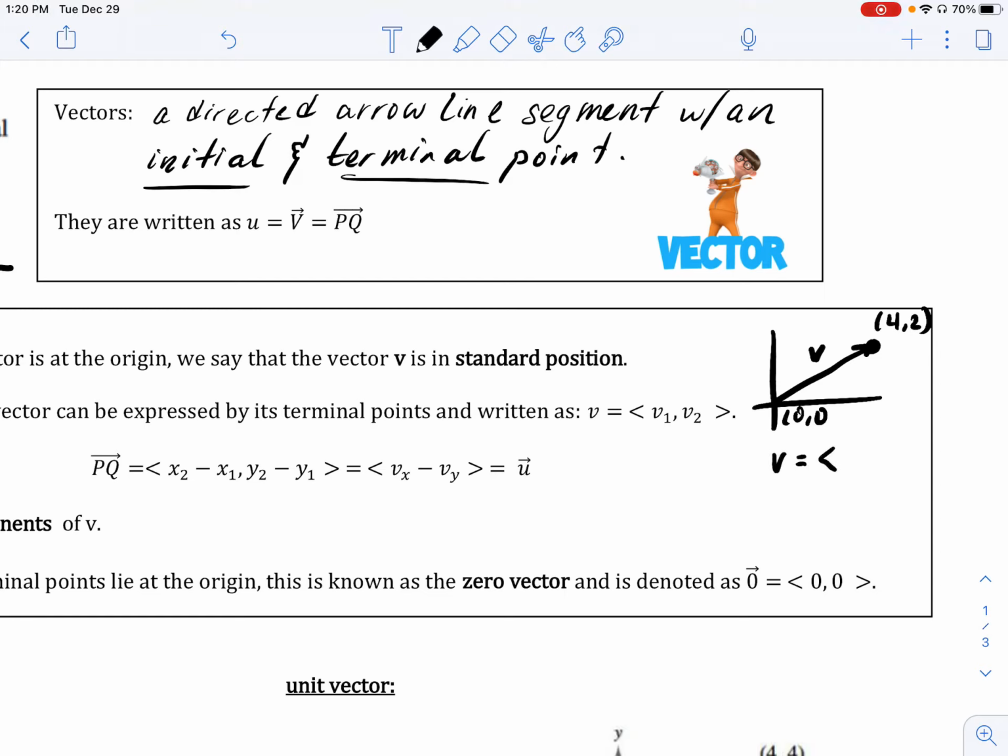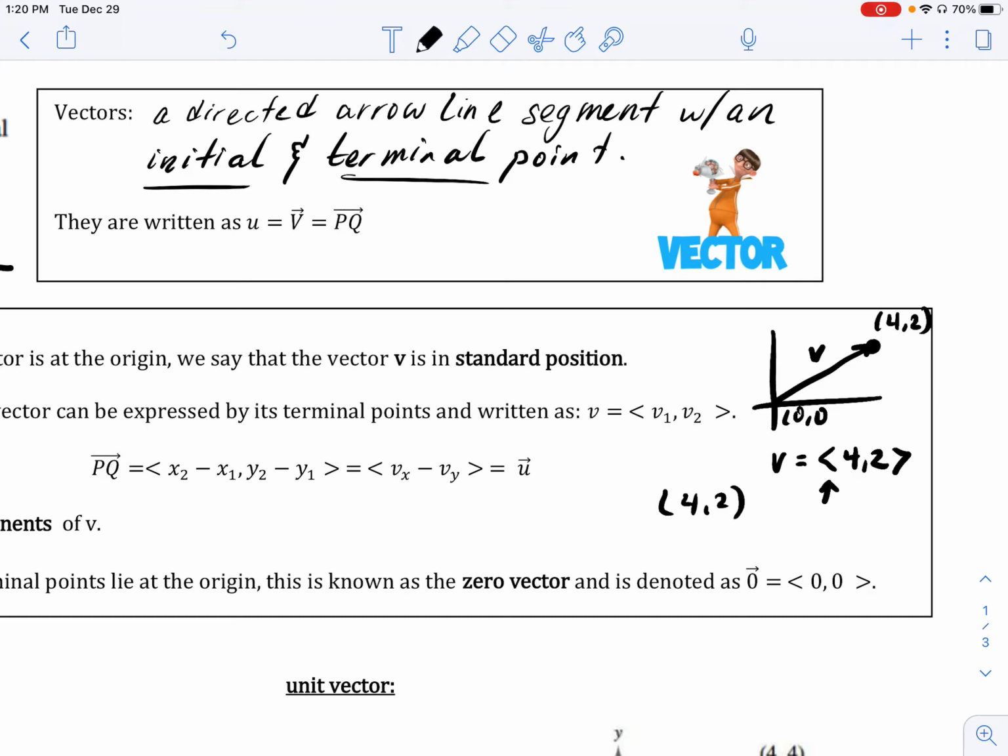So we could say something like 4, comma 2 here. When we're describing vectors and the components of vectors, we often use these symbols here just to indicate that we're talking about a vector. If we said just 4, 2 with parentheses, then we would be describing a single point.